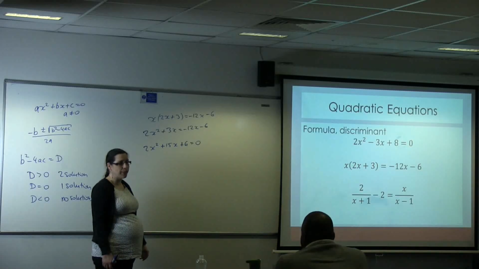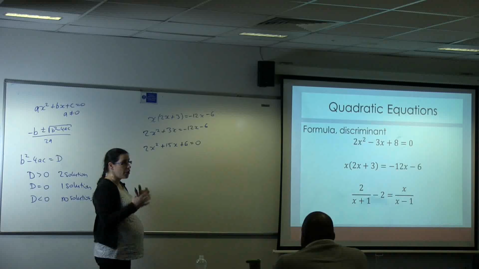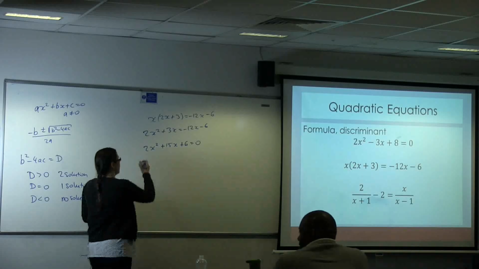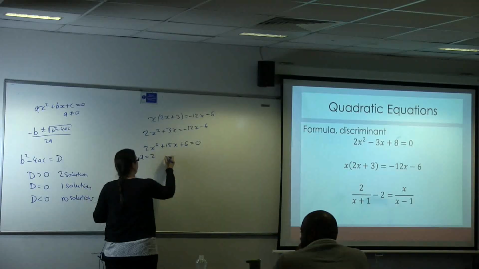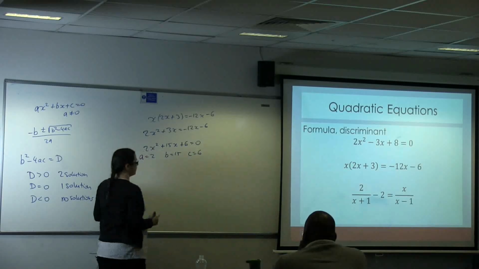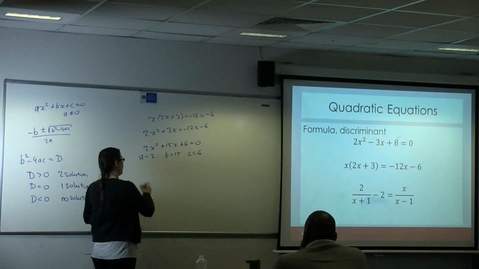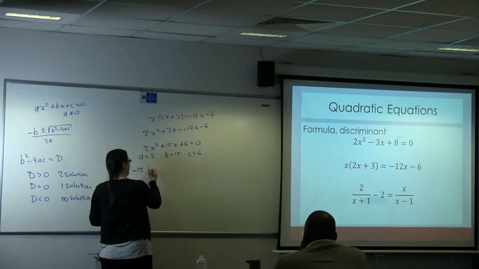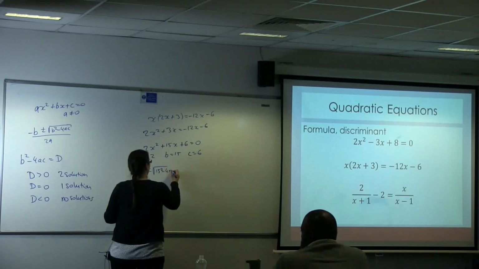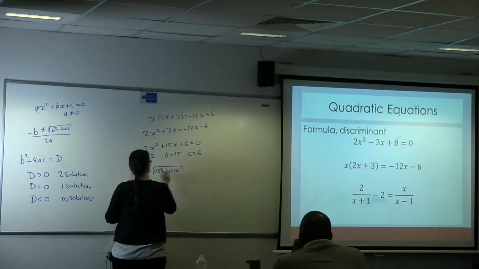Well, infinitely many different possibilities. So the factorization would not work. I have to use the formula. So a is 2, b is 15, c is 6. So minus 15 plus or minus the square root of 15 squared minus 4 times 2 times 6, over 2 times 2.